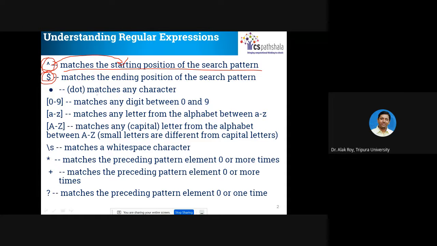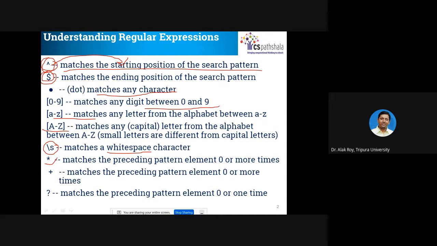Similarly, dot matches any character. 0 to 9 matches any digit. Small a to z is for matching small alphabets, and capital letters are recognized using capital A to Z. Backslash s is used to match a white space character.